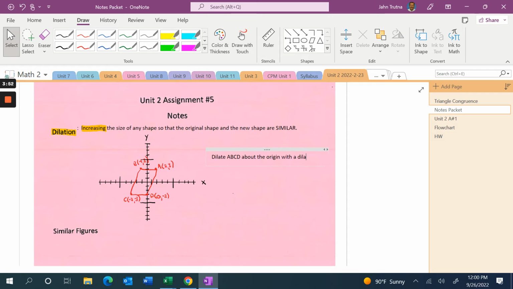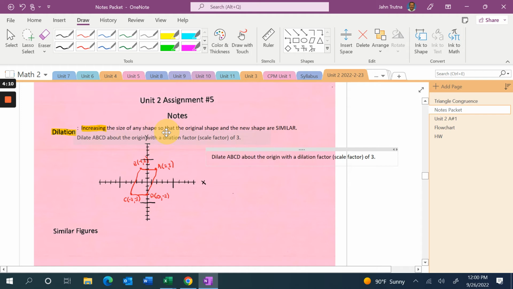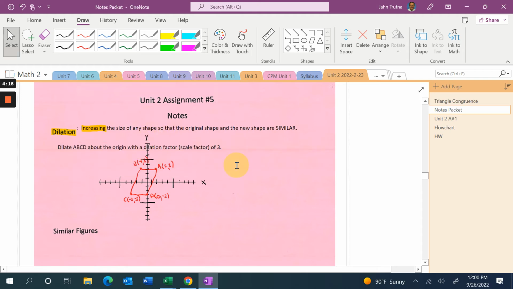with a dilation factor, then I'm going to put in parentheses, scale factor of 3. Okay, so I am going to take shape ABCD and dilate it about the origin.